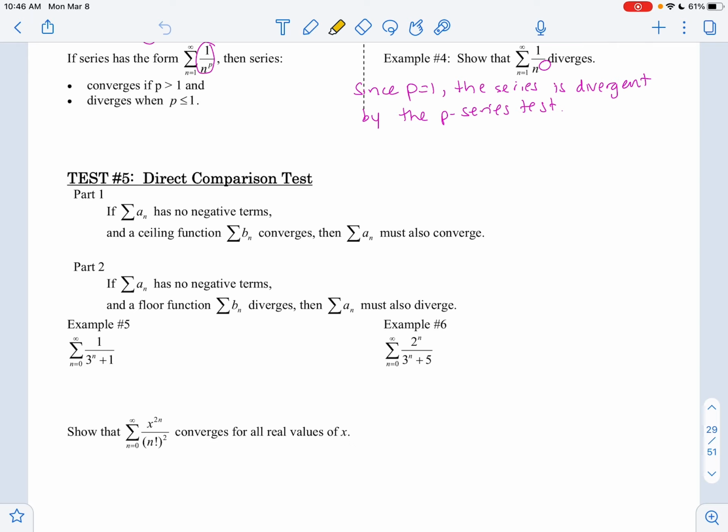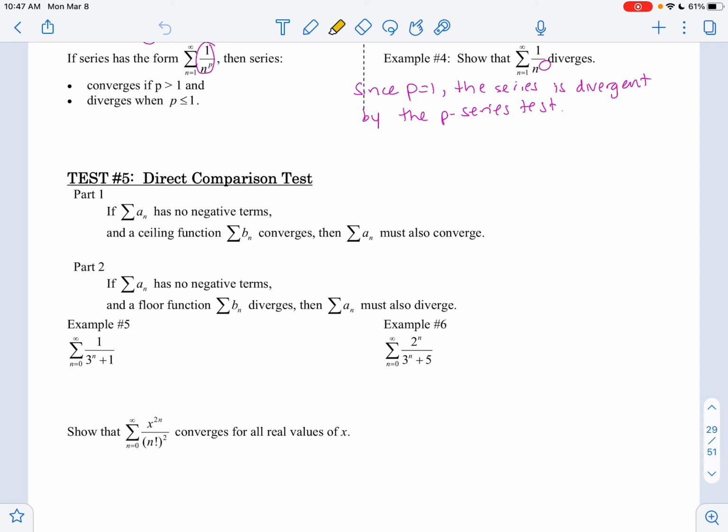It's close enough to one of those two series for us to compare. Since we have an easy way to determine if geometric series or P series are convergent or divergent, those are the ones we usually compare to. And then sometimes on the AP test, they'll throw in a simple series that you can integrate using the integral test to then make a comparison to that.